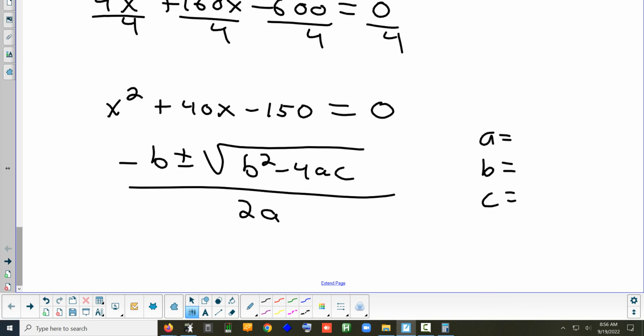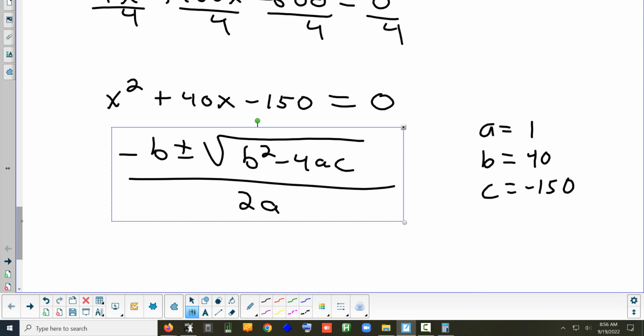A is 1, B is 40, and C is negative 150. Yep, so these are all numbers. A is the coefficient of the x squared, B is the coefficient of the linear term, and C is the constant. Once you have those 3 numbers, by writing it just like this, equal to 0, you fill them into that formula and see what you get.